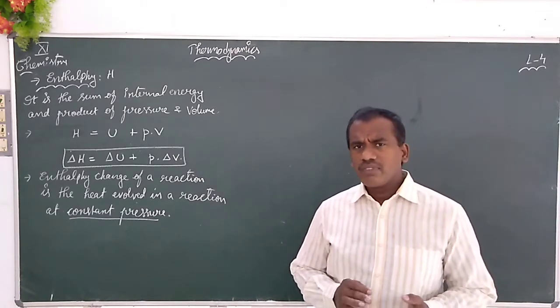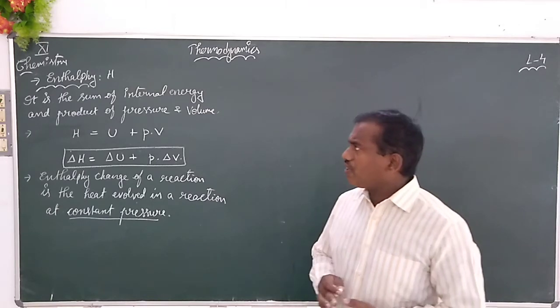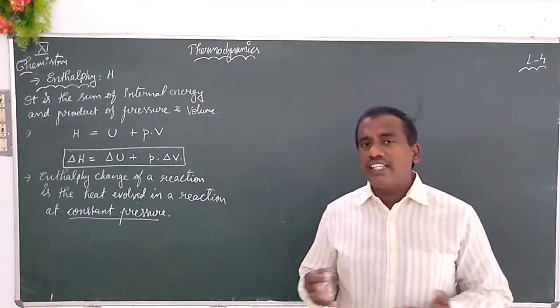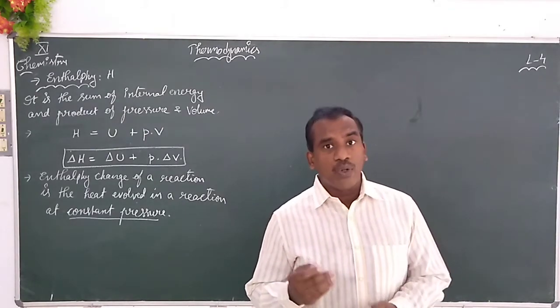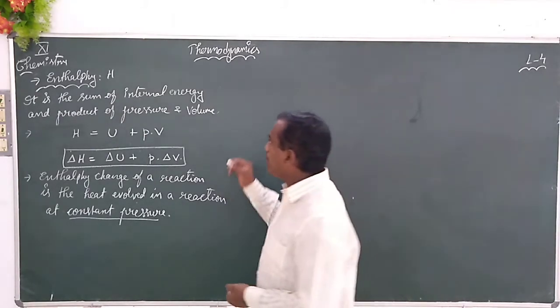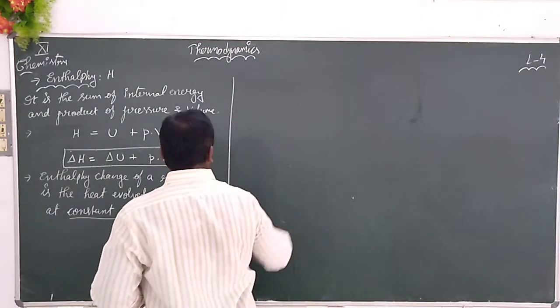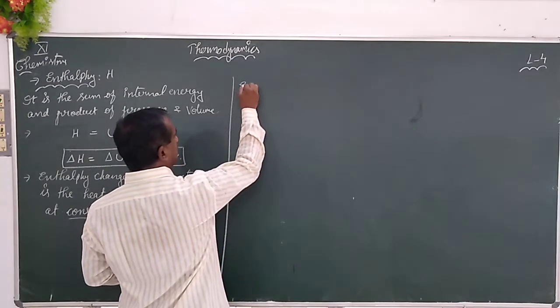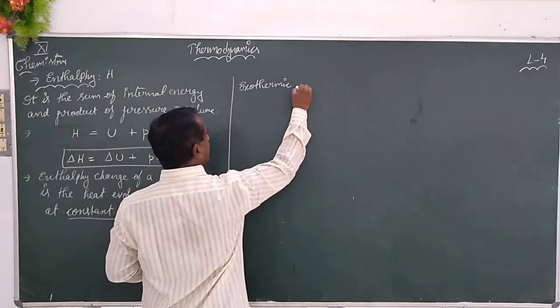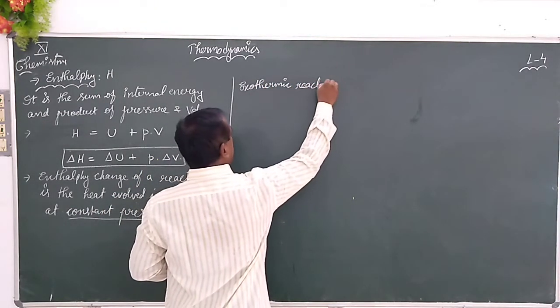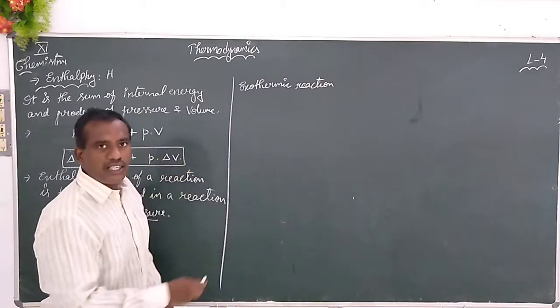The enthalpy change may be for an exothermic reaction or for an endothermic reaction. Do you remember, children, what an exothermic reaction is? First of all, you tell me, what is an exothermic reaction?